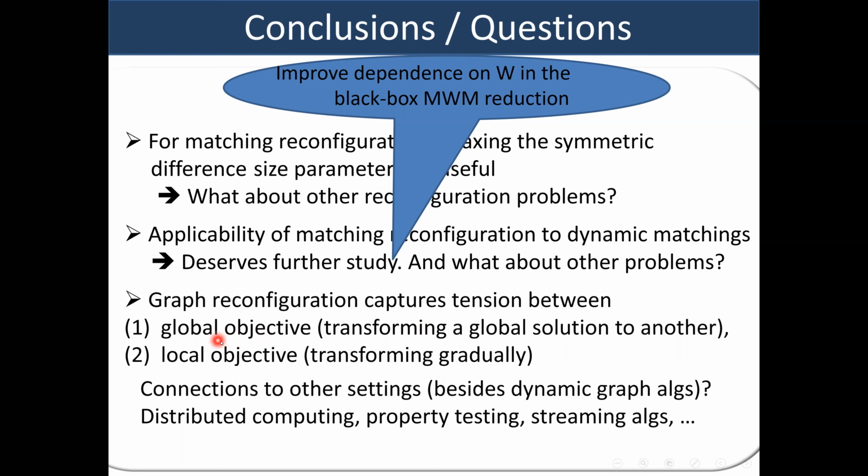The first is a global objective of transforming one global solution to another, and the second is a local objective of carrying out this transformation gradually, so that consecutive configurations along the way, or adjacent configurations, should be very close one to another. Okay, so we have this parameter delta that controls how close they are.